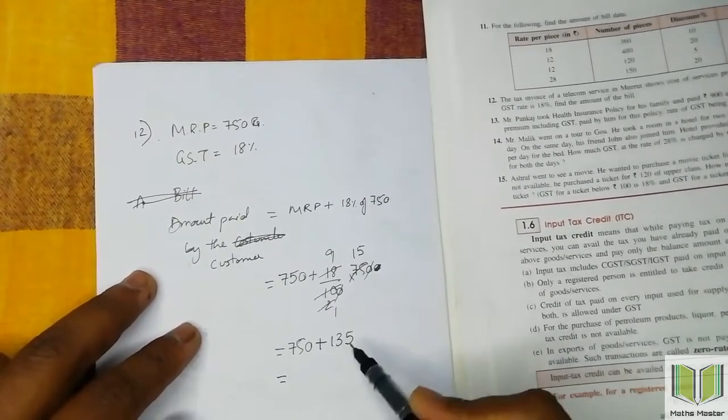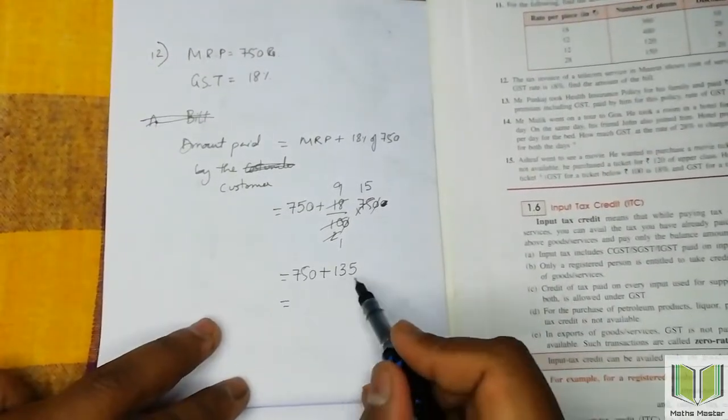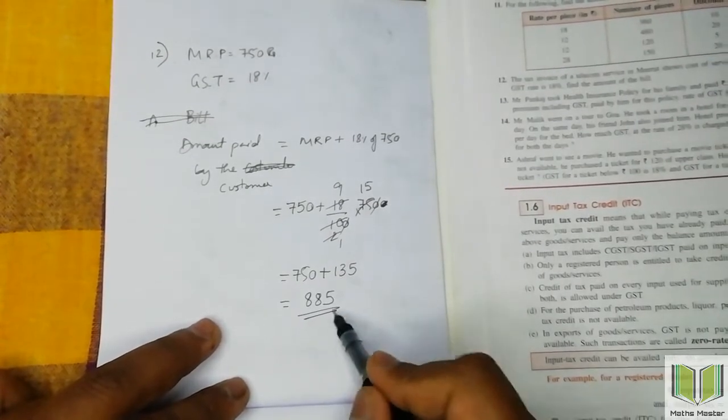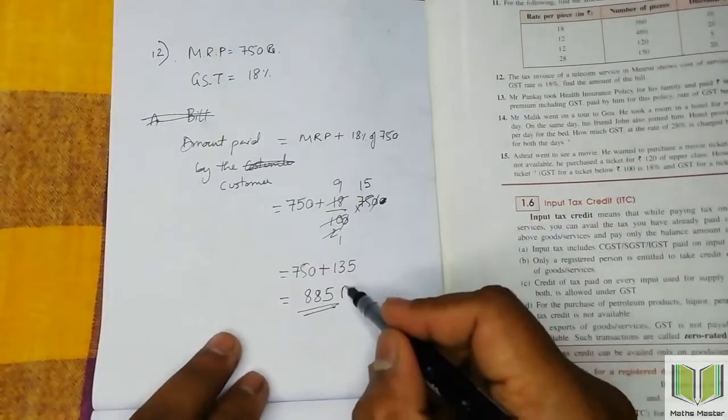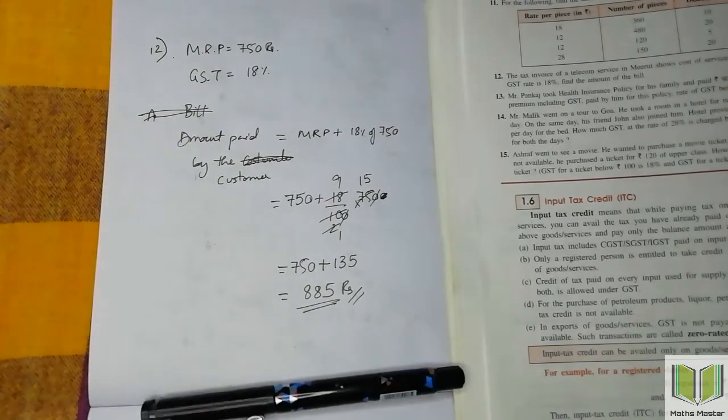So 750 plus 135 is equal to 885 rupees, which is the amount paid by the customer. The amount of bill is equal to 885 rupees.